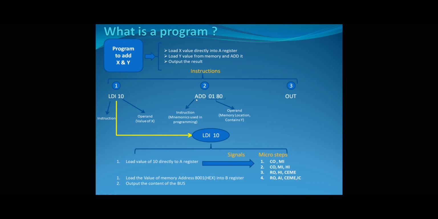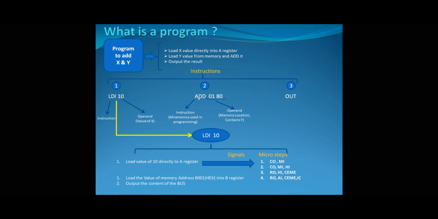And mnemonics are basically just used for programming, right? I mean, our computer is just understanding 0s and 1s, and obviously if we have an instruction like ADD or LDI, it would not be able to understand what that means. These letters that we use for those instructions are called mnemonics and are only for programming purposes, so that we as humans would be able to write a program using those.